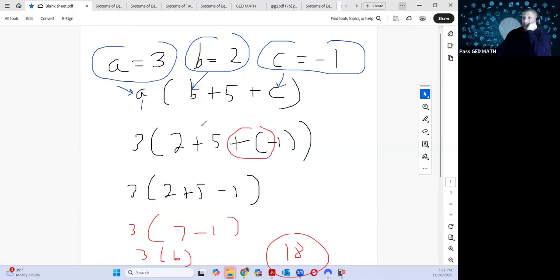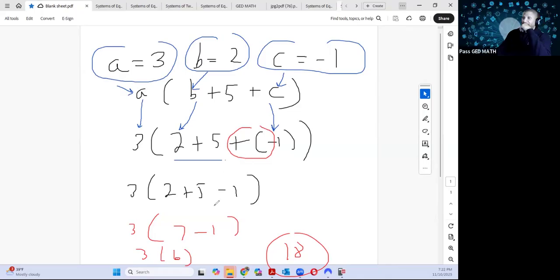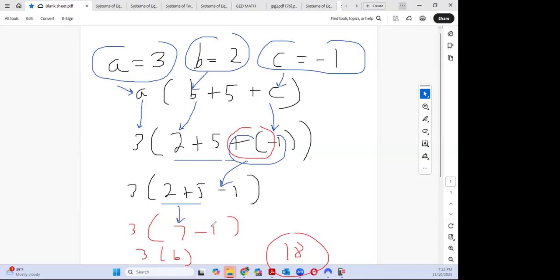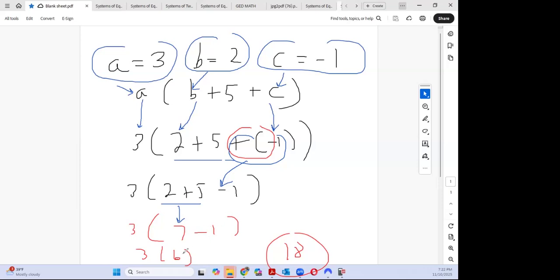This B is right there. This C is right there, that -1. I then combine, see what I did? This turned to a -1 right there. I combine these two to get 7 minus 1. Remember, left to right. Please excuse my dear Aunt Sally. I need to simplify everything in my parentheses first. 7 minus 1 is 6. 3 times 6 is 18.